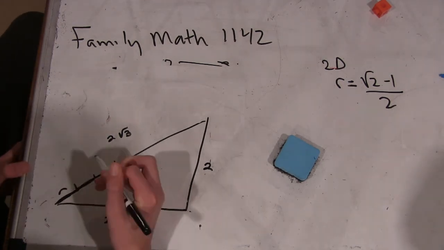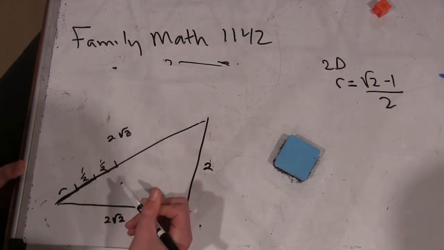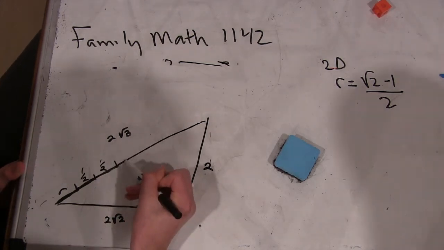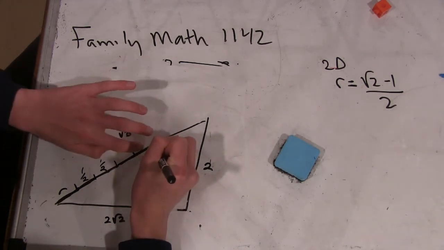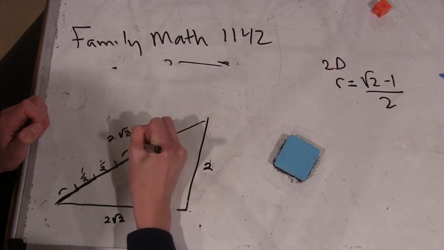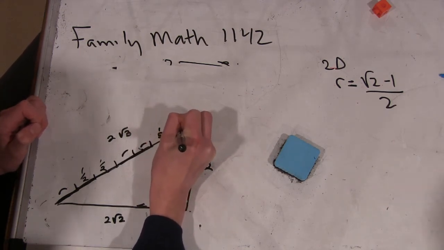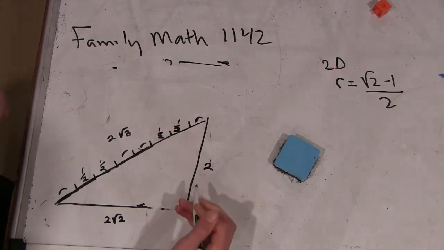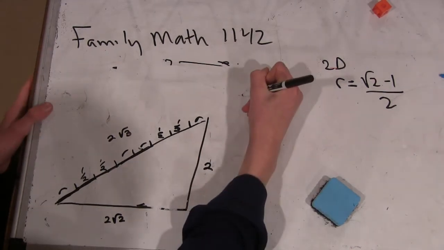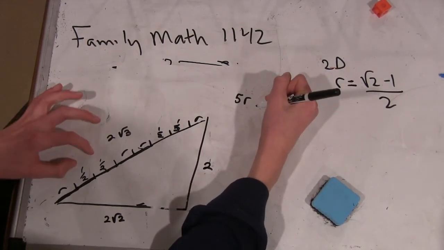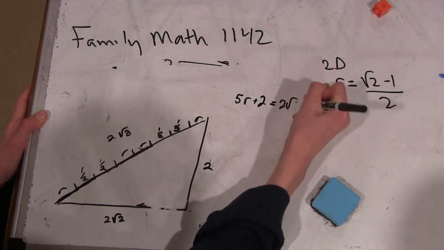So this will be 1/2 and 1/2. Then we're going to have 2 more radii, the unknown radii of the smaller sphere. And then 2 more radii of length 1/2, and then 1 more radius of the small sphere. And so when we add that all up, we get 5r plus 2 equals 2 root 3.